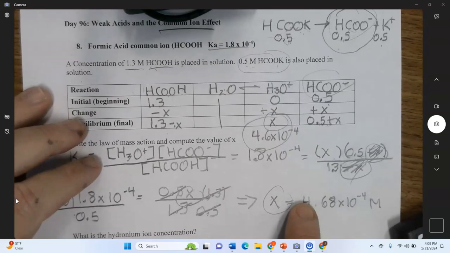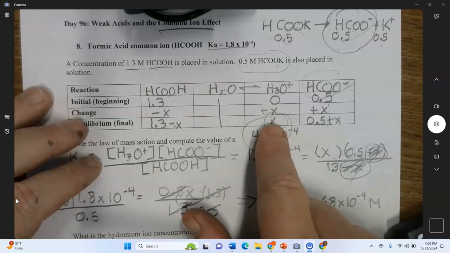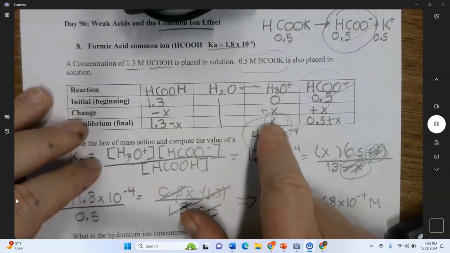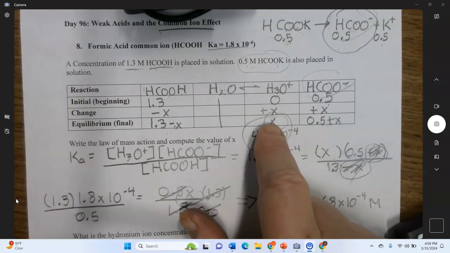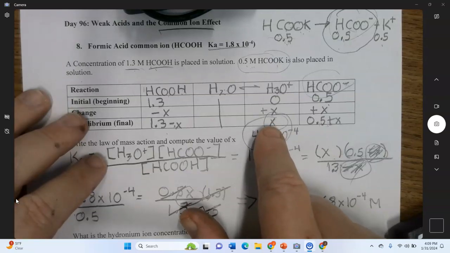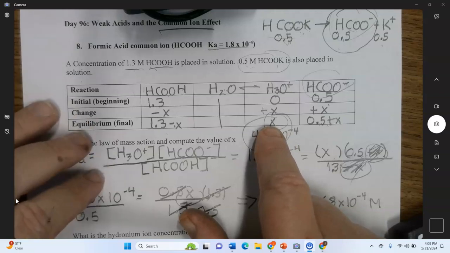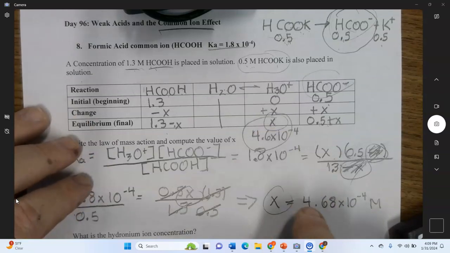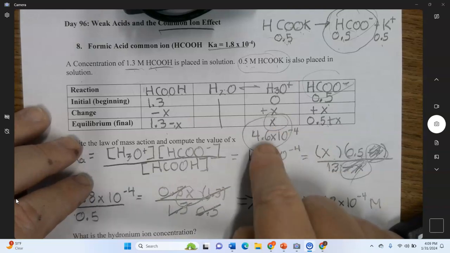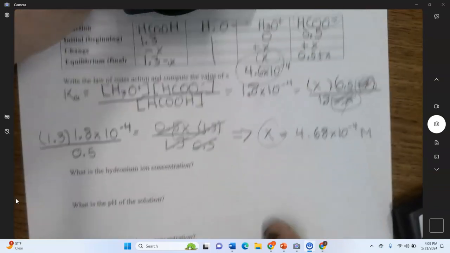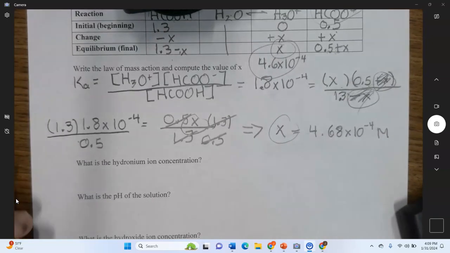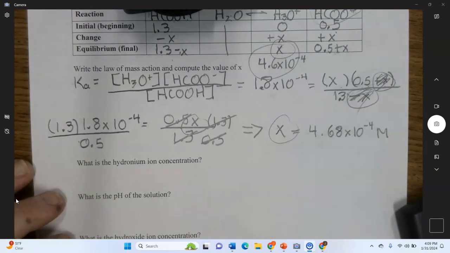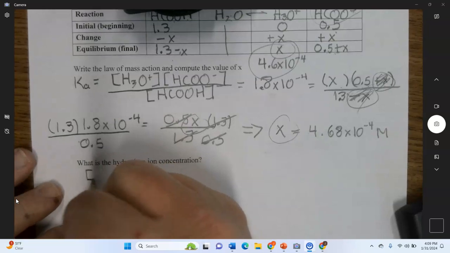Not because it's the x, but because the hydronium up here says it's the x. Remember, sometimes this could be a 2x or something else, right? Or a 4 minus x. But in this case, it's just purely an x, and it almost always is in acid-base table problems. So that means whatever you figured out for this is the answer you're looking for, the concentration of hydronium ions. And that's what makes it an acidic solution, is that concentration. And how acidic. So we write that out like this.